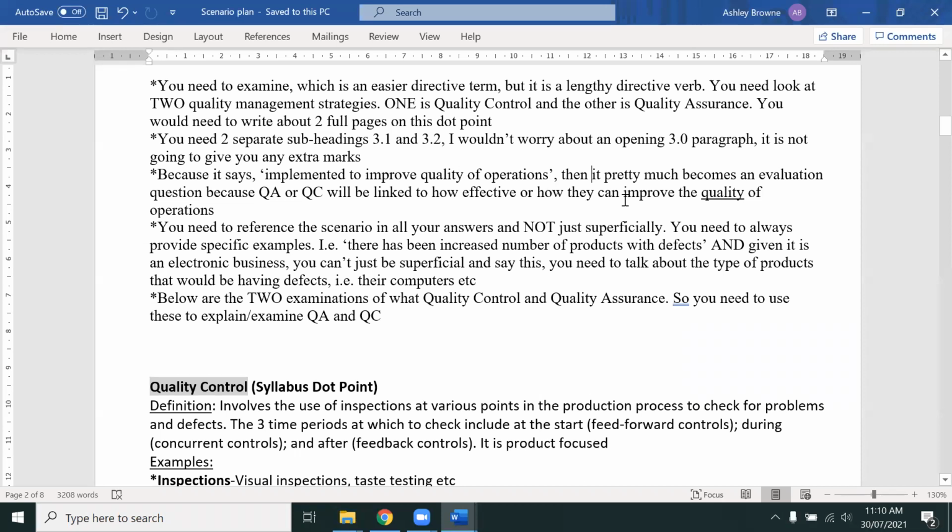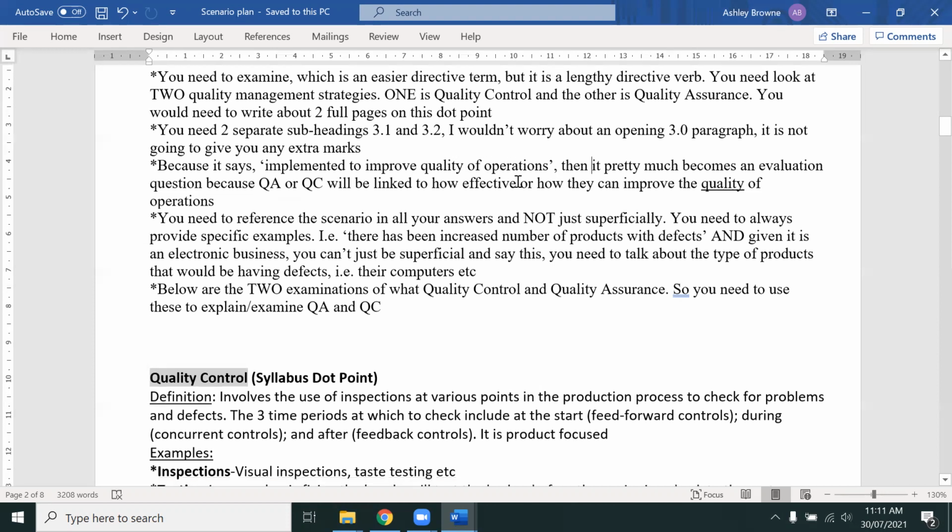How can they improve the quality of operations? So you're also explaining, not just examining, how quality assurance can be implemented to improve the quality of operations, or how quality control can be implemented to improve the quality of operations. That's where it gets a little bit tricky. It's not just tell me about QA and QC, because you've got to look at the question, it said to do this.